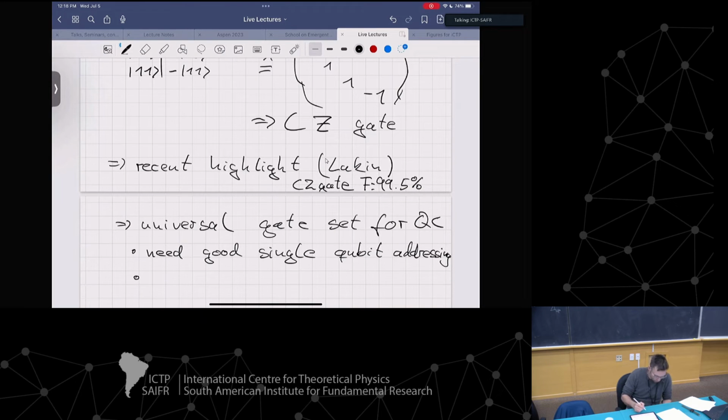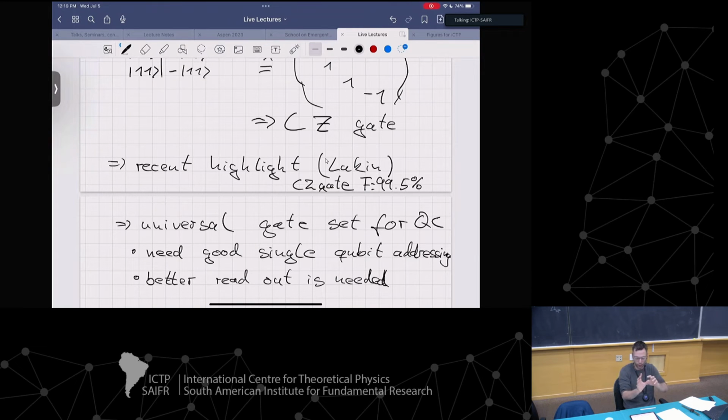And also, what could be better is readout. What do I mean by that? We only briefly talked about the measurements, and I told you the typical measurement is you kick all the atoms out in one state, and then you just read out what is left. If you want to do quantum computing, and in particular, if you want to do error correction, you don't always want to kick your atoms out.